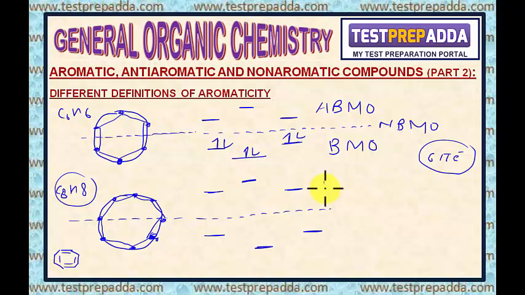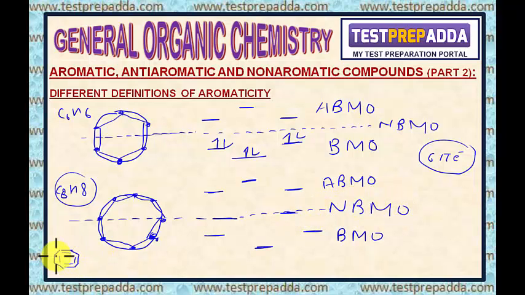So these are actually anti-bonding molecular orbitals, and these are bonding molecular orbitals, and these two you can see here are non-bonding molecular orbitals.